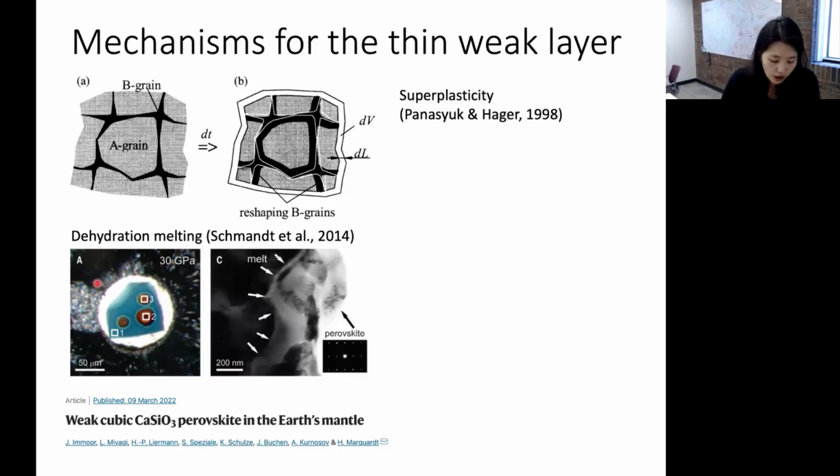I'm not necessarily trying to distinguish these mechanisms here, but what I want to stress is that all of these mechanisms involve phase transformation or transition of certain phases, which is a global feature. It would happen globally throughout the mantle, not just in our study area.